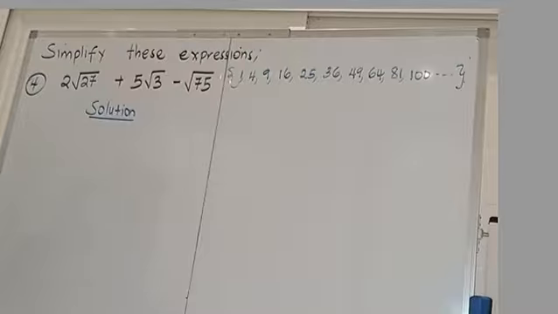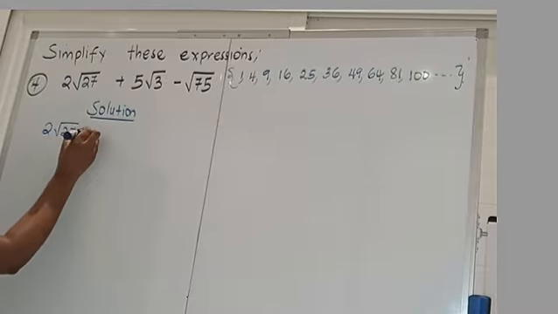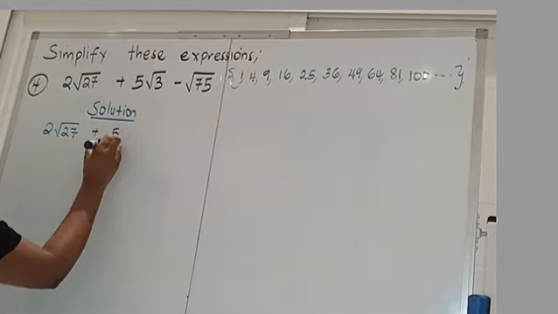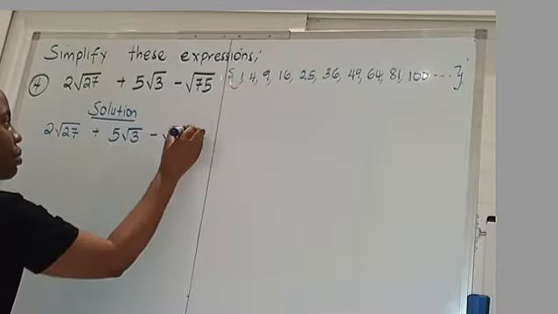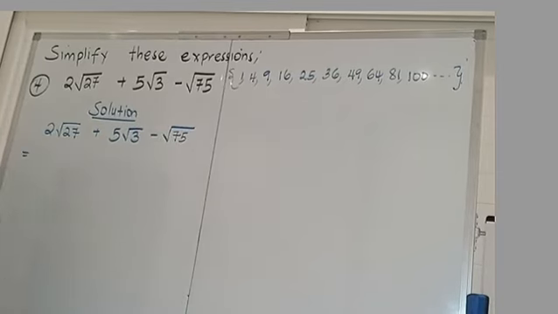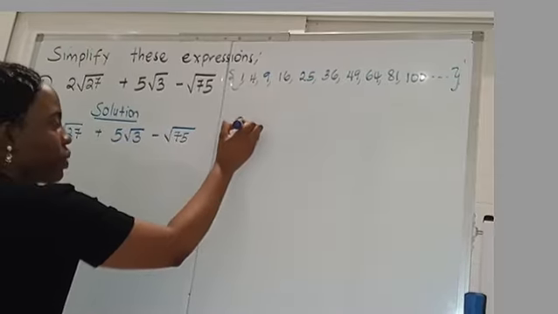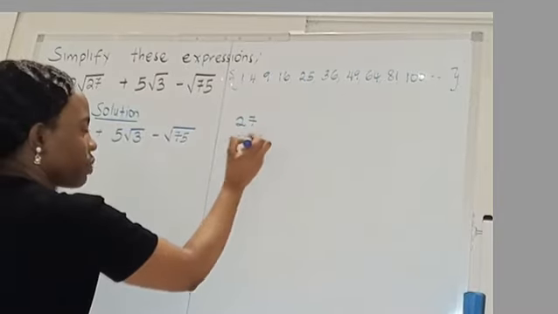Now we have the fourth one. It is 2 root 27 plus 5 root 3 minus root 75. This is equal to, what are the factors of 27? 27, 1 times 27, you get 27.